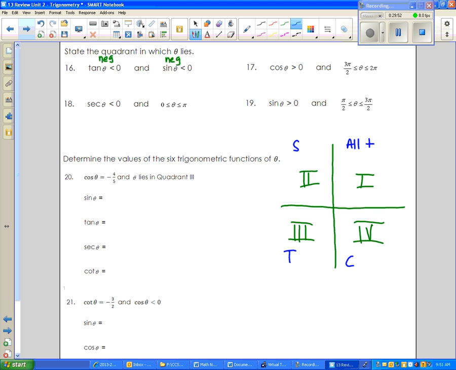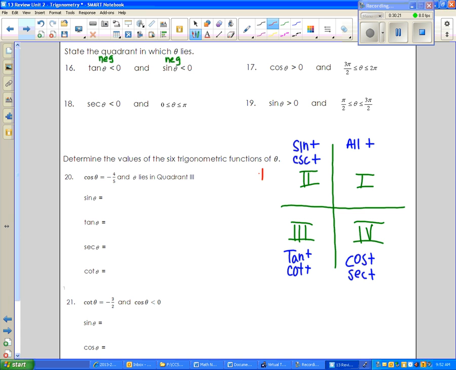In quadrant 2, the S refers to the sine and also its reciprocal, which would be the cosecant. And in quadrant 3, we're referring to the tangent as well as its reciprocal. And in quadrant 4, we're referring to the cosine as well as its reciprocal, which is the secant. And then basically everything else is going to be negative. So there's nothing negative in quadrant 1.